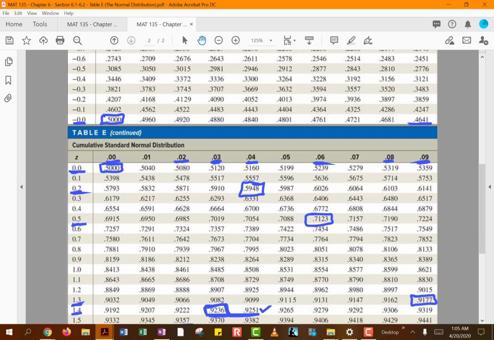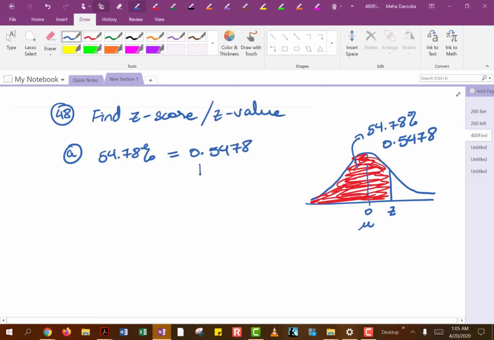And if you actually look right here, we have the exact value of 0.5478 right over here, which corresponds to 0.1 and then 0.02. So you're actually looking at a z-score for this guy as 0.12 when you put it all together.